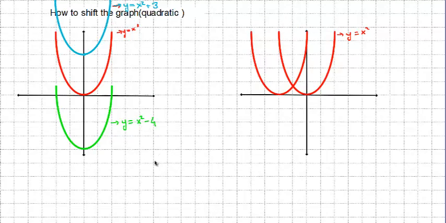Let me change the color first. Then the graph of the function is going to be y is equal to x minus a squared, or b squared. Here b is minus 2, so this is going to be x plus 2 squared, it must be.